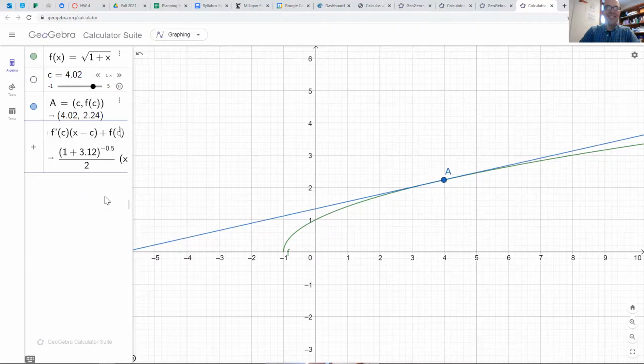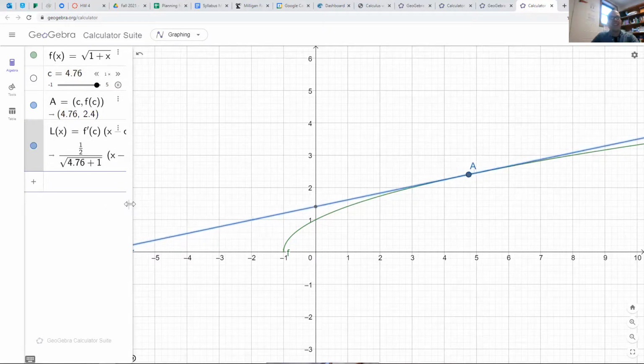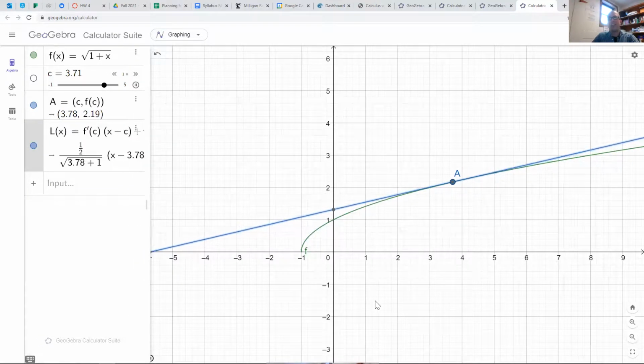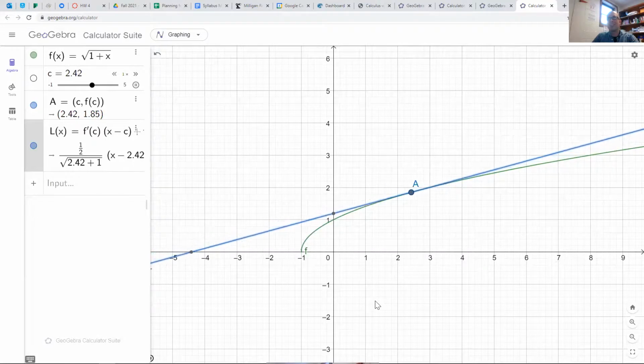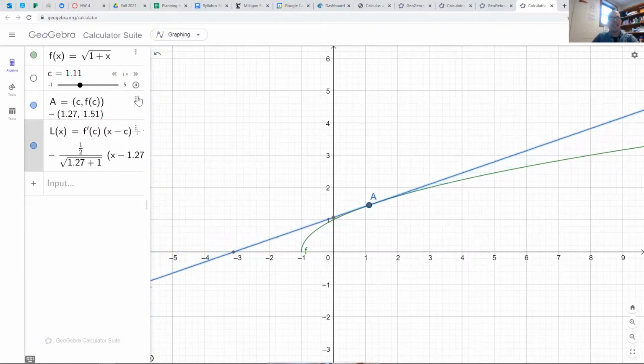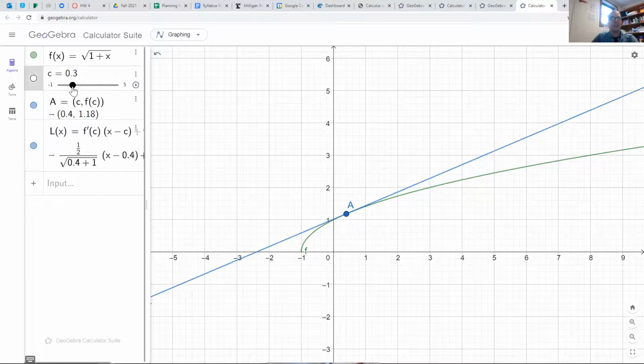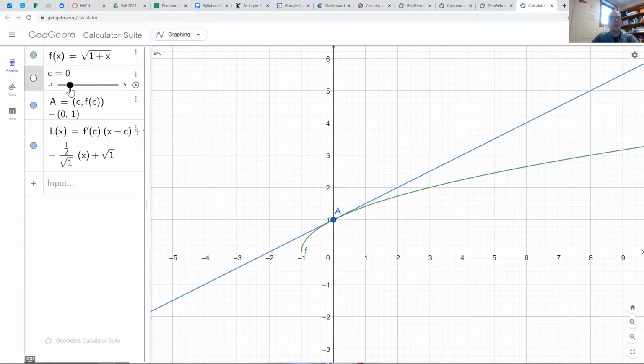Whoopsie. But yeah, there's our slidey tangent line. And when c becomes 0, we get 1/2 x plus 1. All right. Cool.